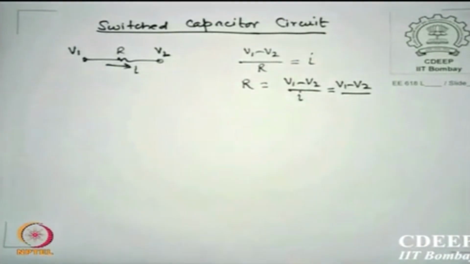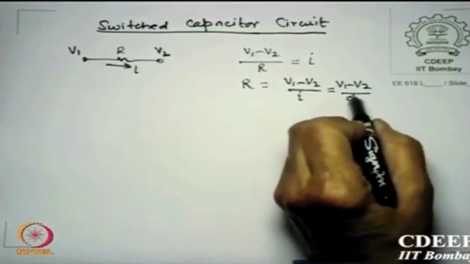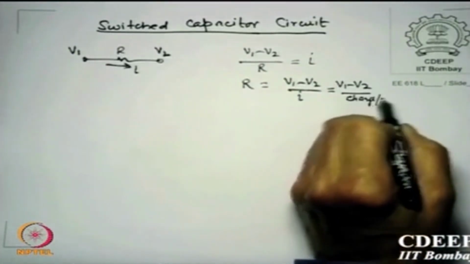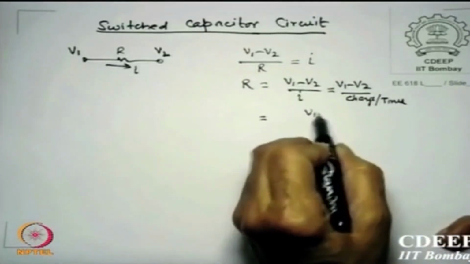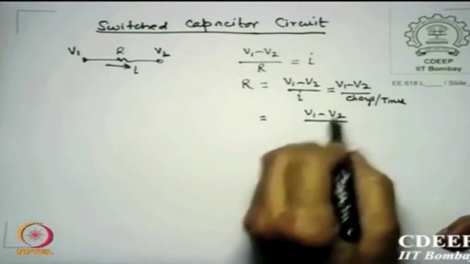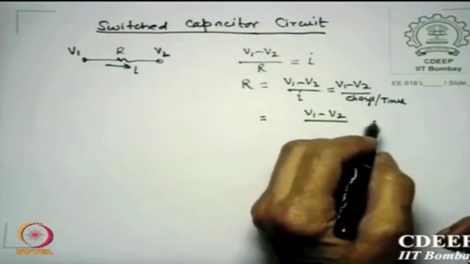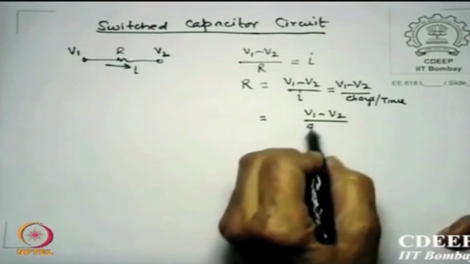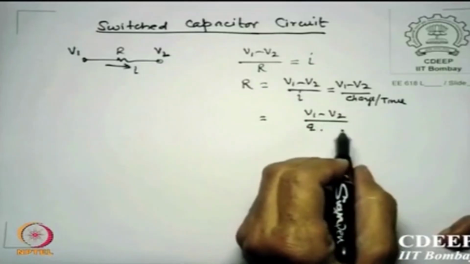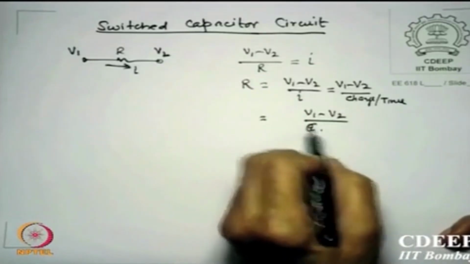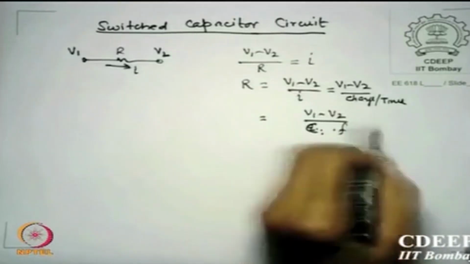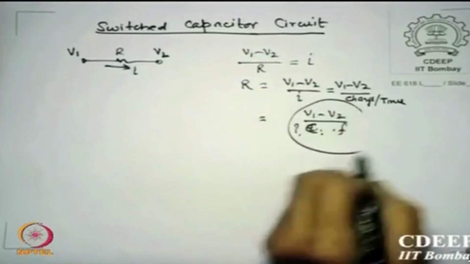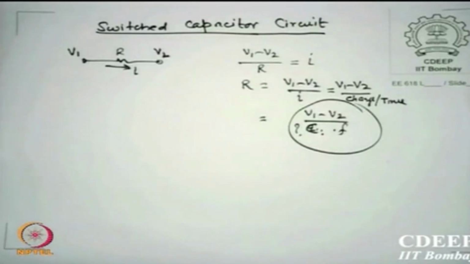Charge per unit time. But what is 1 upon time? Frequency. Charge is essentially Q, and total charge will be decided by the capacitance available there, somehow into frequency, something of this kind, not exactly. So I have an idea that I can replace R.